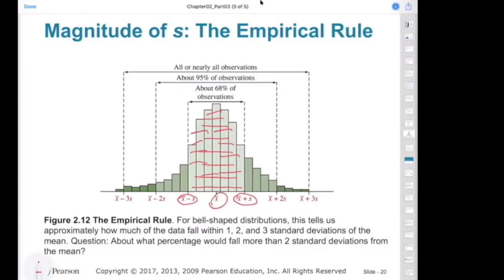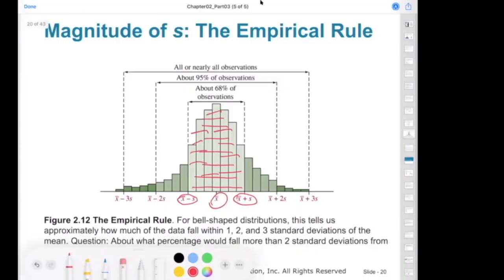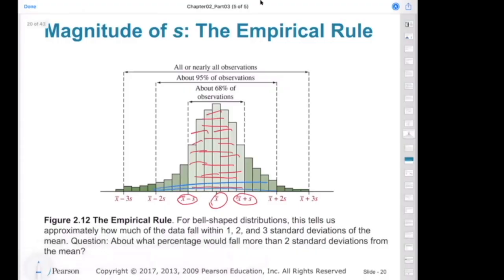Okay? If you increase it to 2 standard deviations, so you have, as you can see, from here to here, approximately, look what I'm doing. This is also including what? The first interval, right? You have 95% of the data.